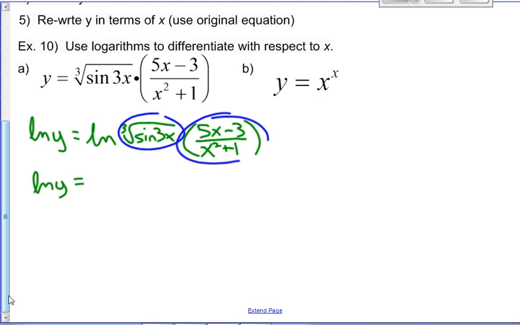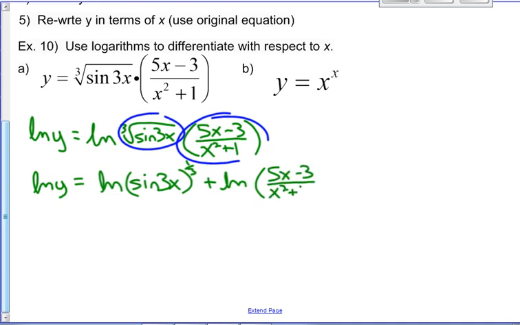I can split those apart. I can call it ln of, well, I'm going to call this sine 3x to the power of a third. And then I can say plus ln of this whole business. So I used basically the product rule of logarithms there.